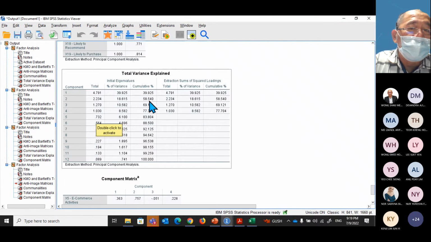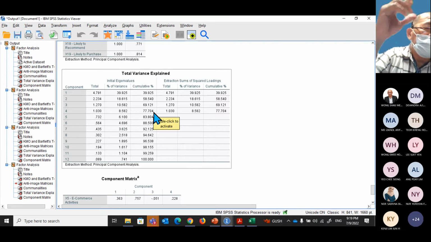For 2 components, you take 39.925 plus 18 point something, which becomes 58.540. If we consider all 12 components, it will be 100%. But now we only take the first 4, therefore 77.704 is the cumulative percentage.